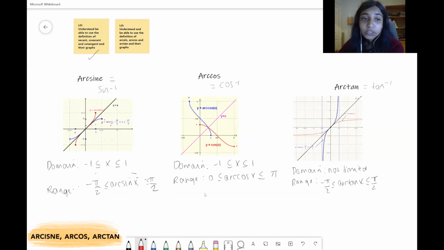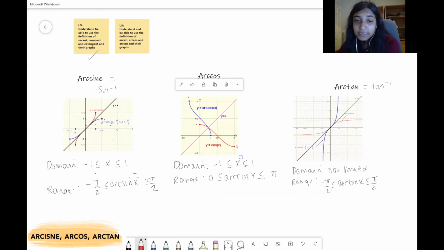So that's what the arcsine and sine x graphs look like against each other. Now if we move on to arccos, the inverse of cos, again we have to limit the domain of cos x in order to have a one-to-one function and have the inverse. So we've restricted the domain to between 0 and pi, like this.